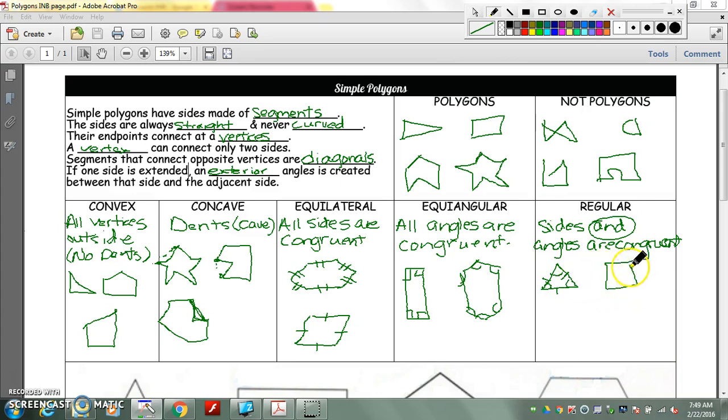That would be like our square, where all four sides are congruent and all four angles are congruent. And then we can have our hexagon, which would be like a honeycomb shape, where all six sides are congruent and all six angles are congruent.